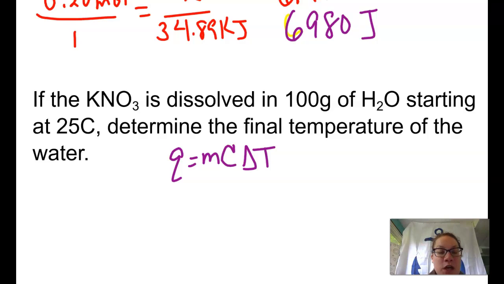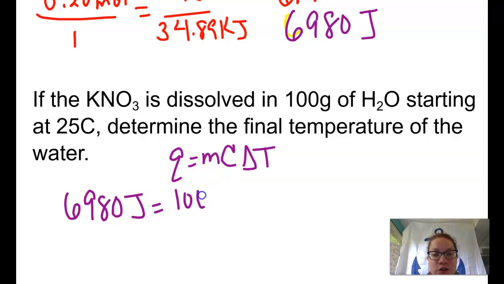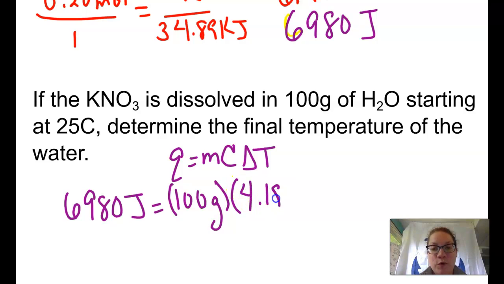All right, so here we're going to plug in 6,980 joules for Q. For the mass, I'm going to plug in 100 grams. For my specific heat capacity for water, oh, you guys are so good. You know it's 4.18 joules per gram degrees Celsius.